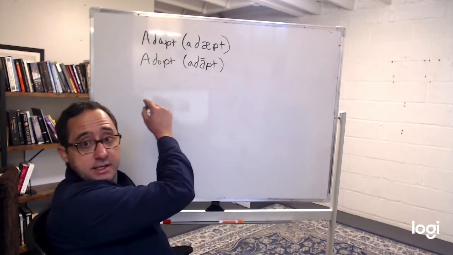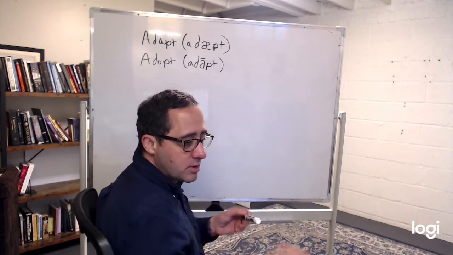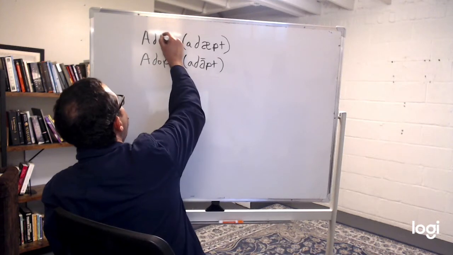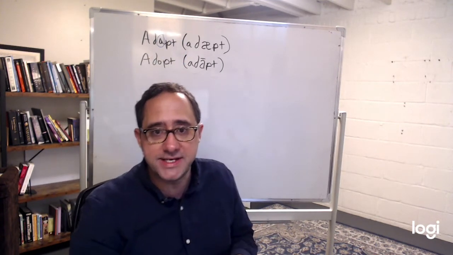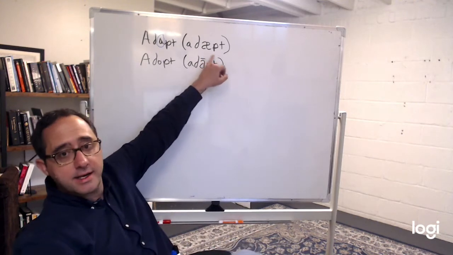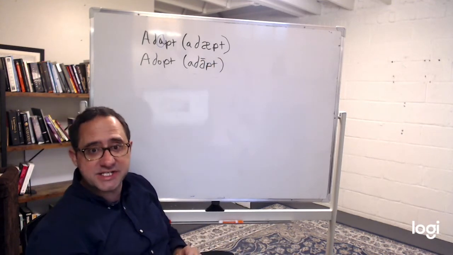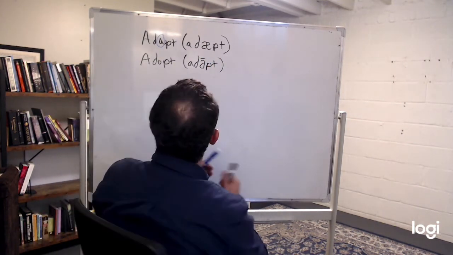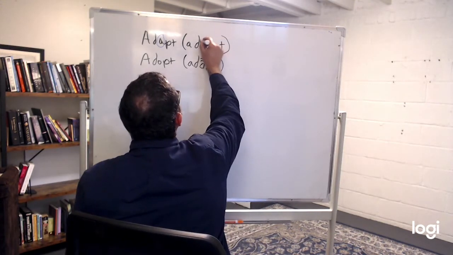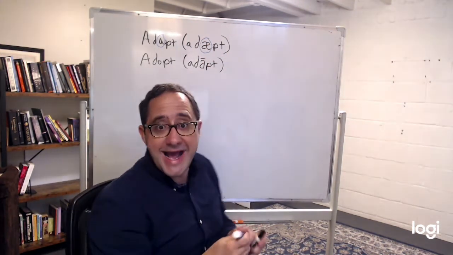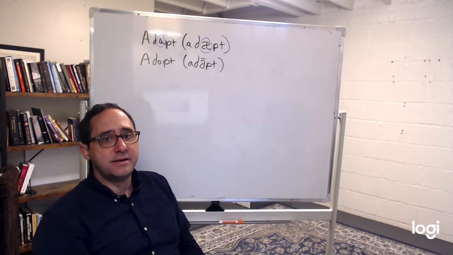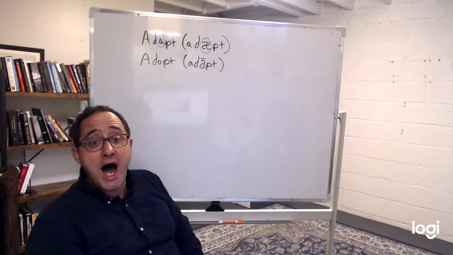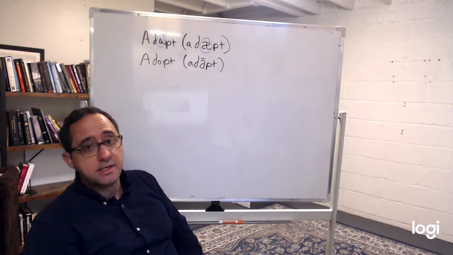Notice the spelling is different. A-D-A-P-T. And I put the phonetic spelling. Notice this letter right here. This is ash. This is adopt.